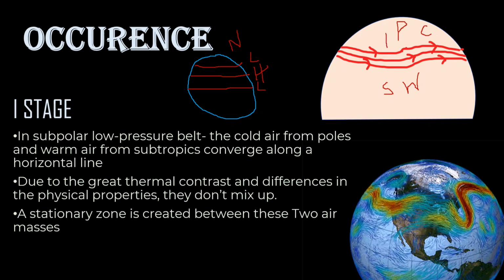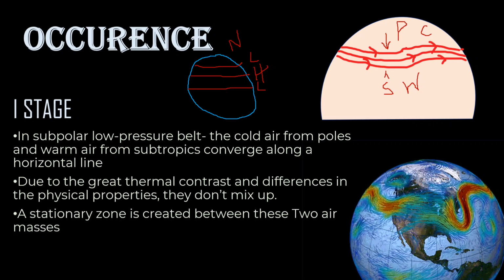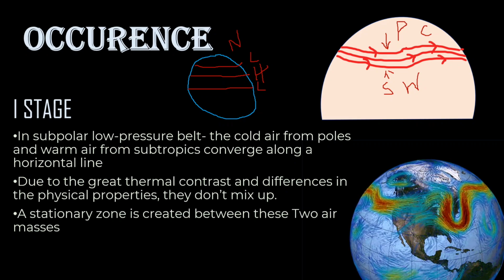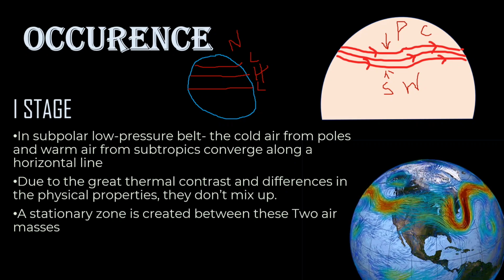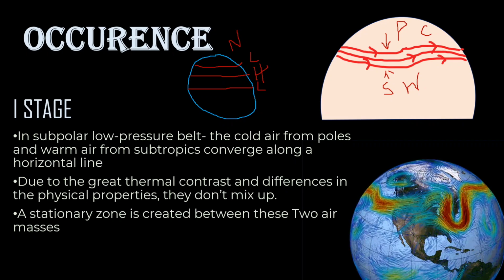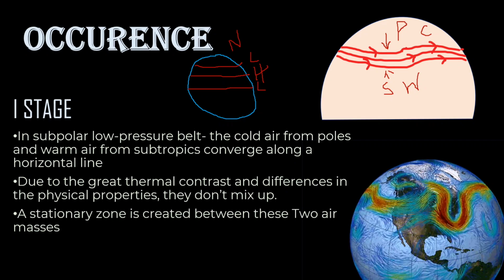When these two air masses come together, they don't mix up. Why? Due to the great thermal contrast and differences in physical properties. That means they have two different physical properties.